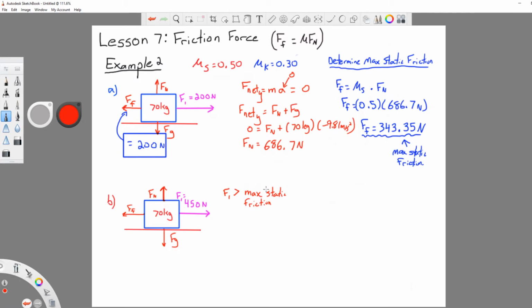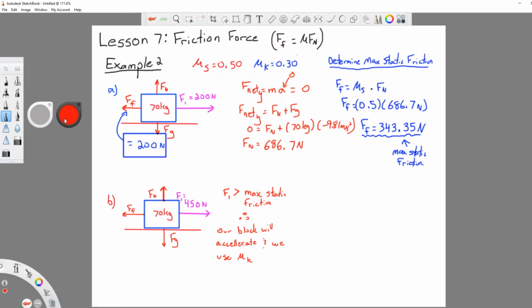All right, so because of this, therefore, our block will accelerate, and we use the coefficient of kinetic friction.